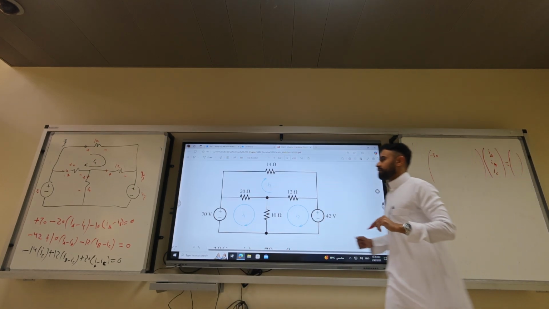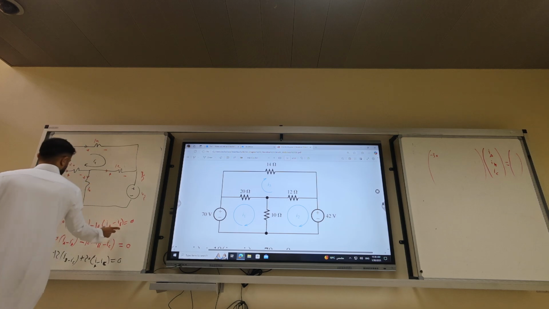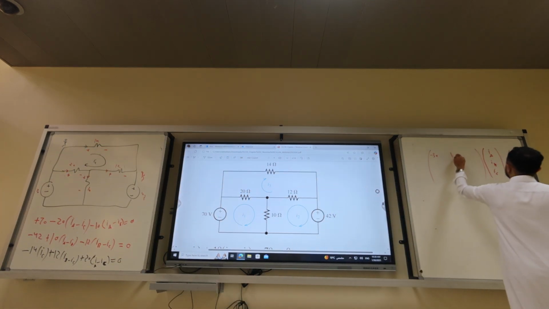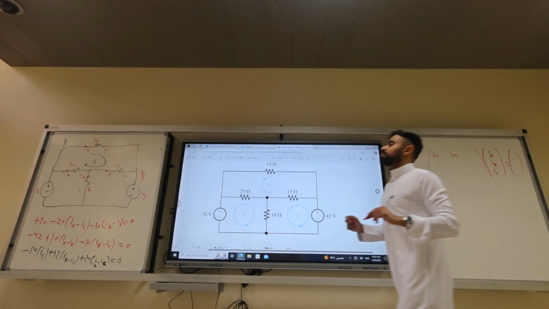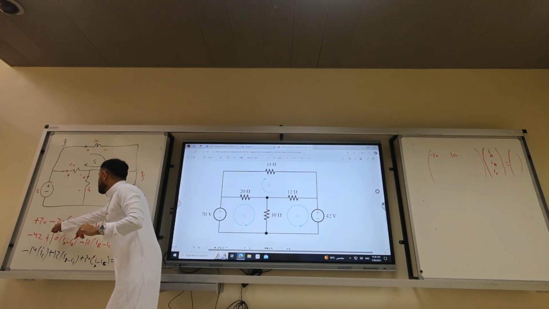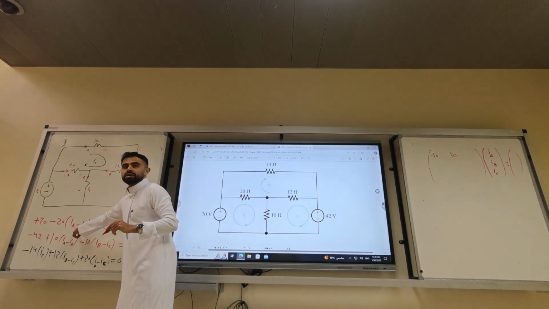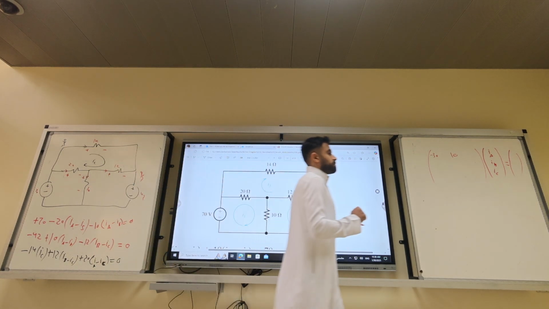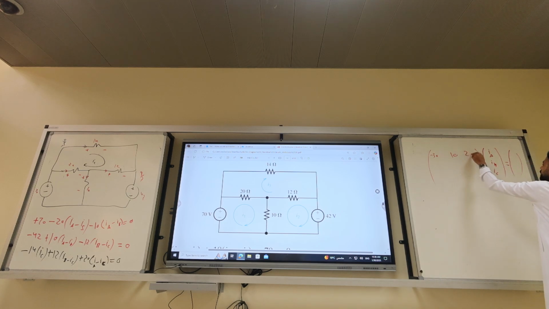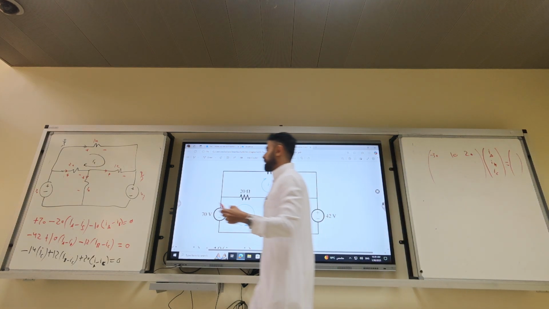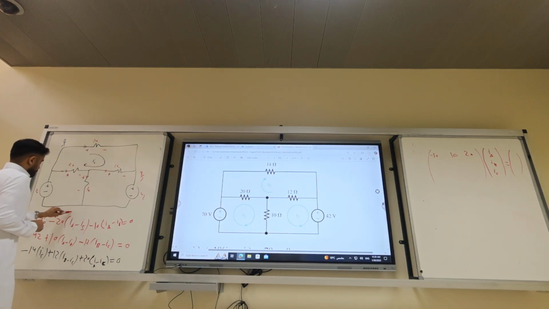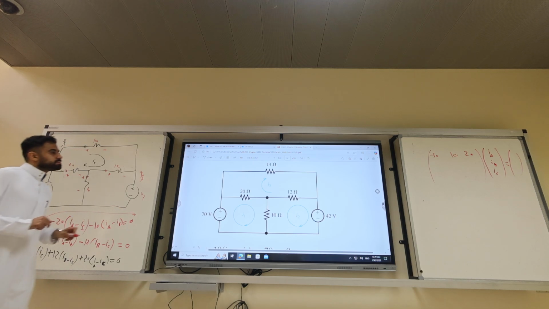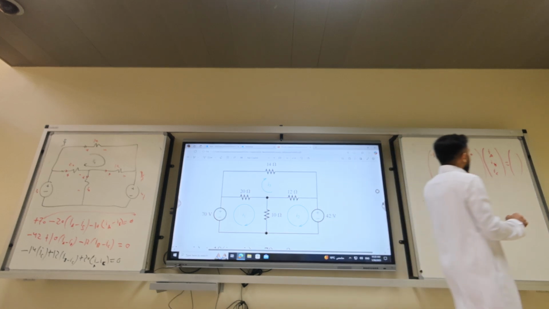For IB, what do we have? Plus 10. For IC, minus 20 times minus 1 is plus 20. What did I tell you? If you get confused, put a line. Plus 20. Equals? Minus 70. Who wants to do line number 2?